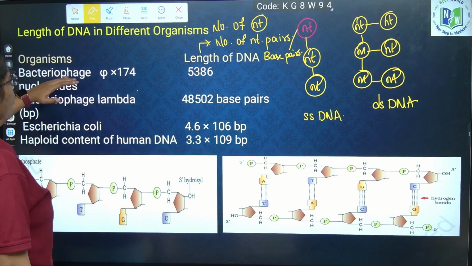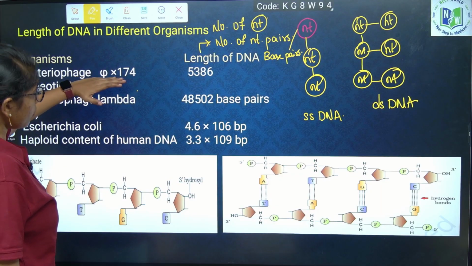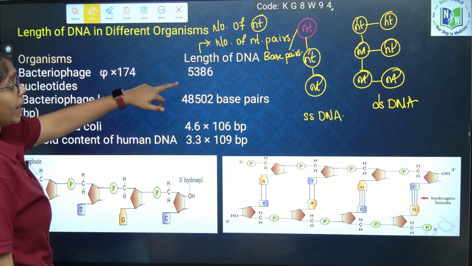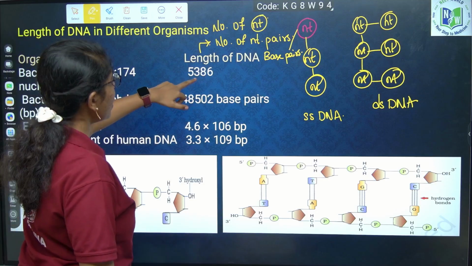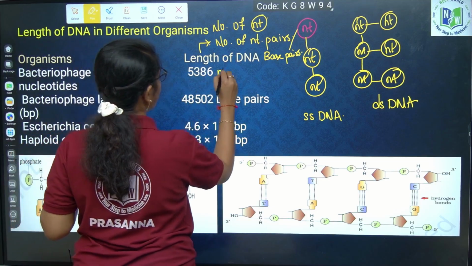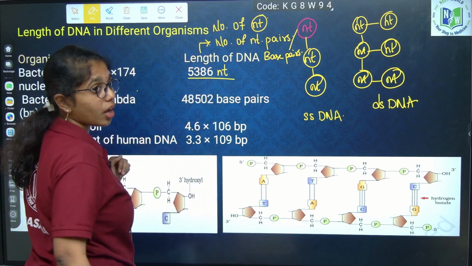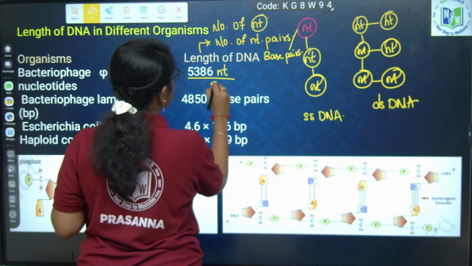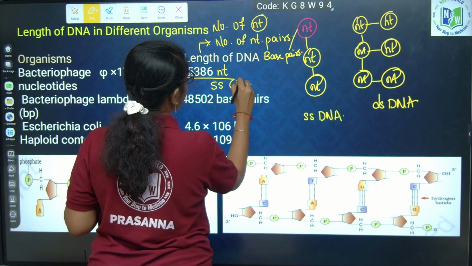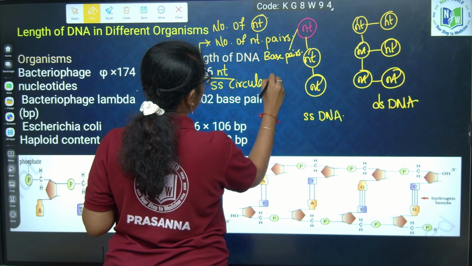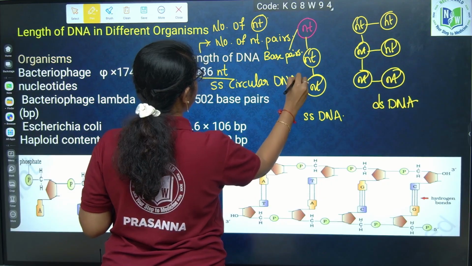If you look at the bacteriophage phi X 174, it has 5386 nucleotides, which means it is single stranded circular DNA.